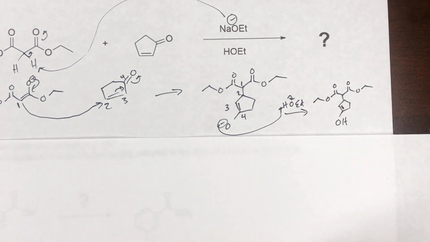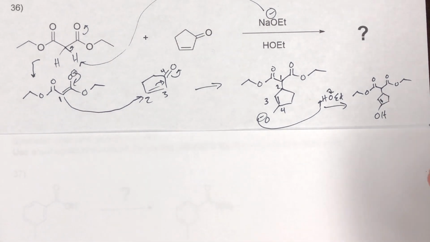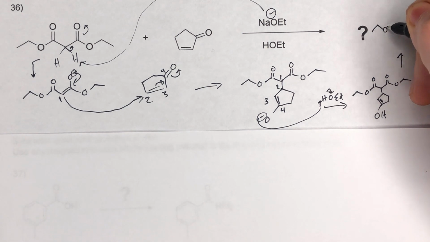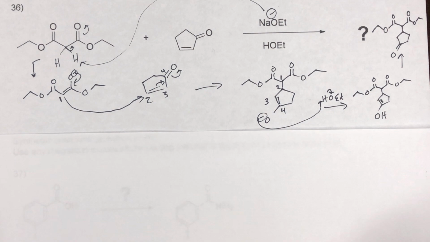And now notice this is an enol, so we're going to tautomerize to the keto if there's no reason that this would be more stabilized. And there is no special reason, so this would just tautomerize to the keto form. And that's your final product.